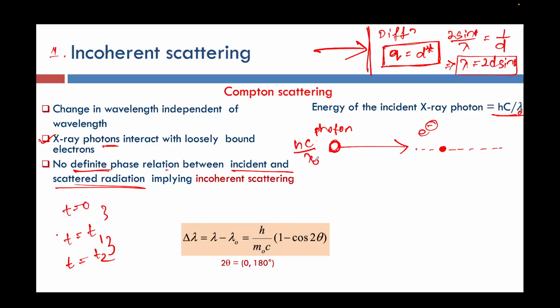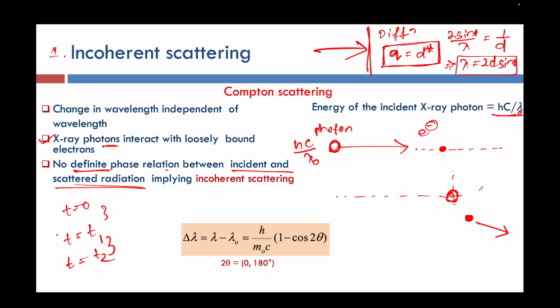Now after hitting, another scenario can happen: this electron will be ejected somewhere, and what will happen to this photon? Initially it will hit the electron, and then this photon will be here, and this is the intermediate stage.